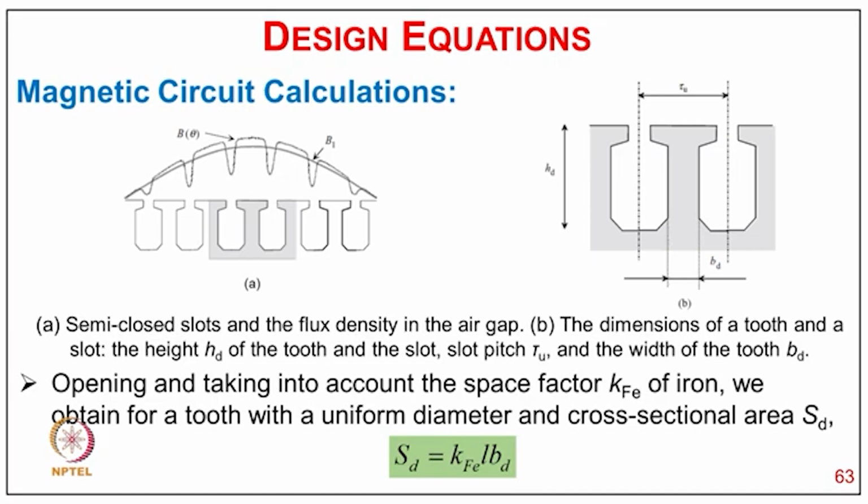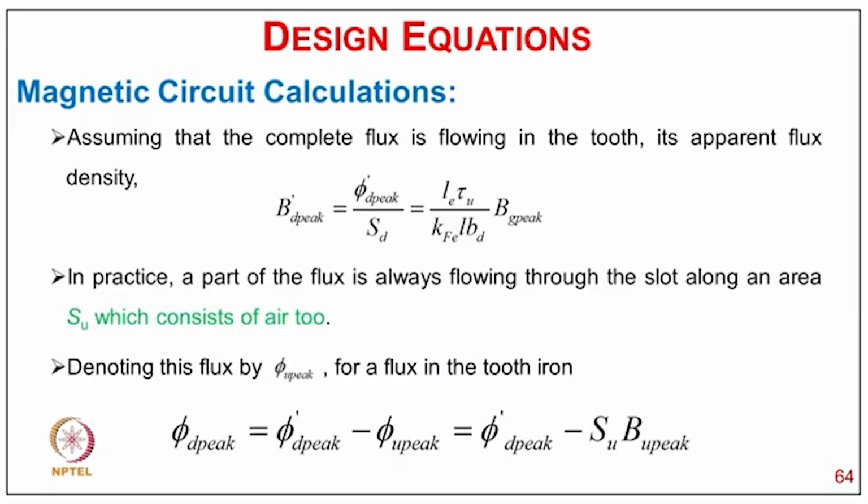Taking into account the space factor KFE of iron, we obtain the tooth uniform cross section, Ad equal to KFE into L into b. Assuming that the complete flux is flowing in the teeth, the average flux density Bd peak dash equals phi d peak dash divided by Ad, that is Le into tau u divided by KFE L into bd into Bg peak.